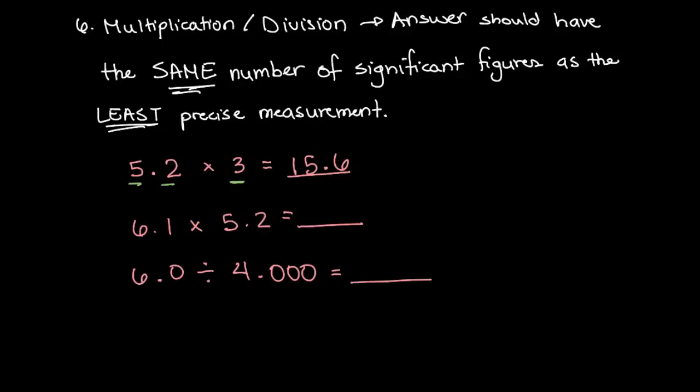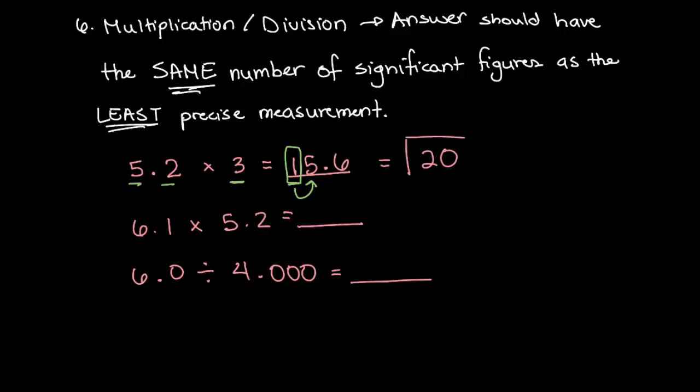Now, we need to have only 1 significant figure. This, you guessed it, would be this one. Since we have to write it to this significant figure, we would round up because that's a 5.